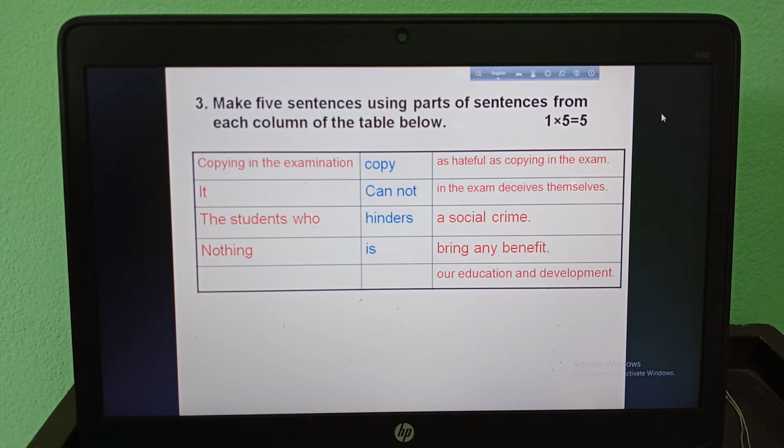You have to make 5 sentences from these, and to make correct sentences you have to use a noun first, then a pronoun, then another noun, then another pronoun. You should maintain coherence in using nouns and pronouns here.